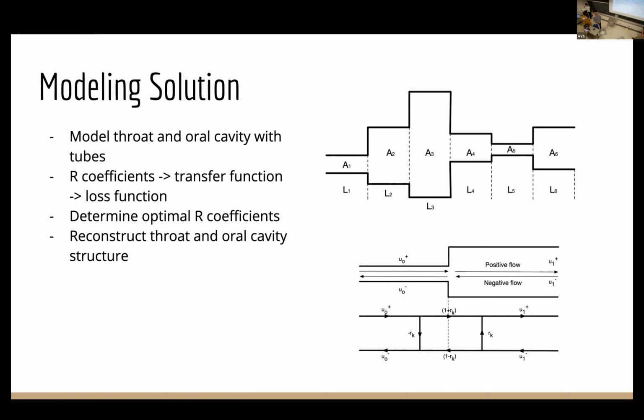They represent all of this with an R coefficient, or a reflection coefficient. They pass this into some sort of transfer function, which then goes into a loss function. From that, optimal R coefficients can be determined, and those coefficients can be used to reconstruct the throat and oral cavity.